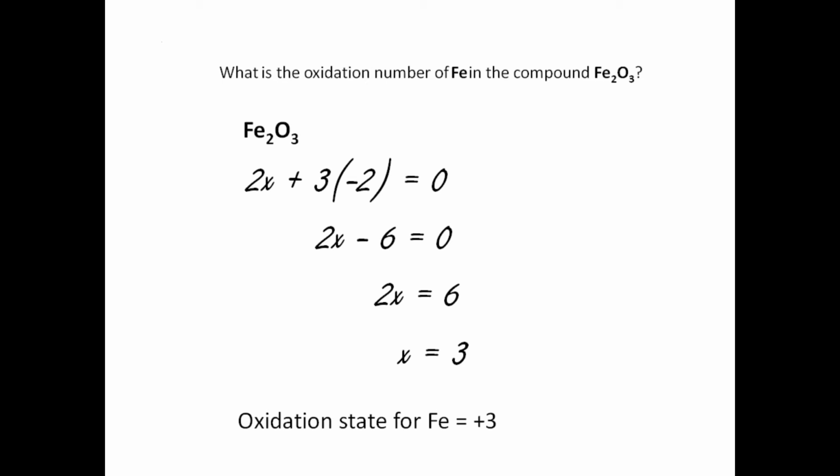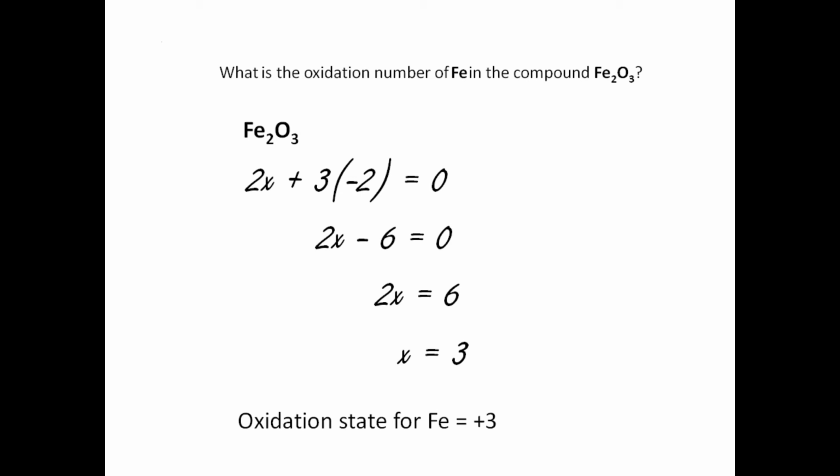And then we have the algebraic equation. We rearrange to find x. So it is 2x minus 6 equals 0. The 3 multiplied by -2, in brackets, gives us -6. So now 2x equals 6. We bring the 6 over to the right hand side of the equation, and we divide both sides by 2 to get rid of the 2 on the left hand side.